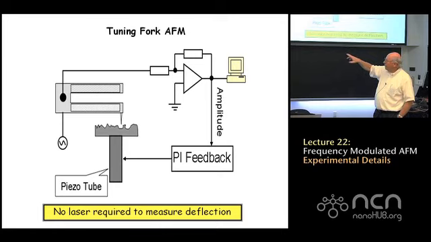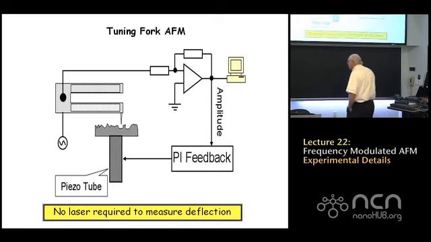That AC voltage source is adjusted so that its frequency is very close to the resonant frequency of the tuning fork. So the tip attached to the end of the tuning fork now oscillates at this 32 kilohertz, right? And what we basically do is drive the substrate towards the tip, and we try to do a variety of AFM type experiments, right?